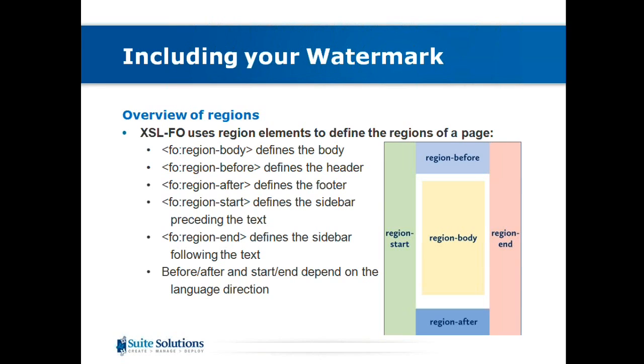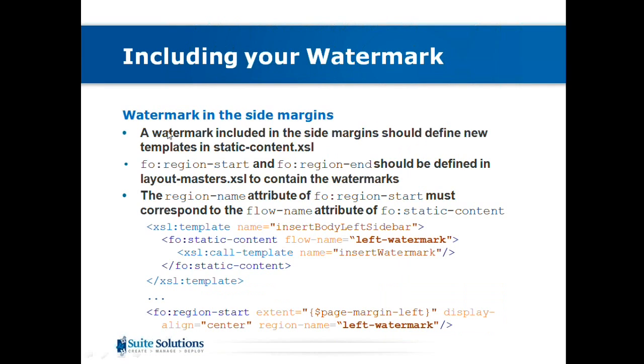If we want to include a watermark in the side margins, then we're going to need to define new templates in static contents in XSL. So the first step in doing that: the region before and region after that define the headers and footers are already defined out of the box for each section of the document because they're commonly in use.